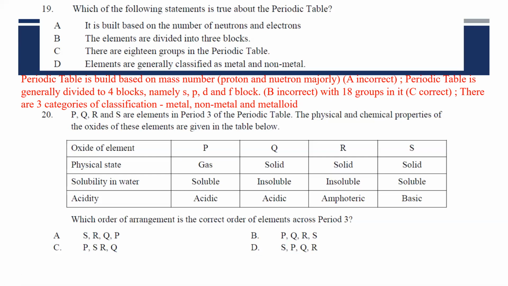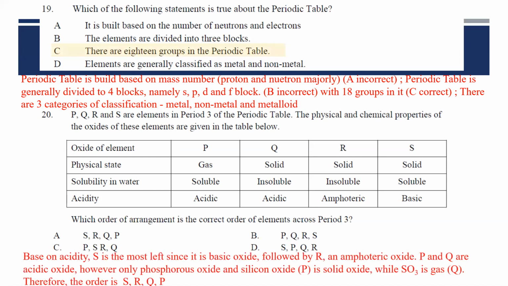So you want to deduce which one is correct, which one is not, okay? So in here, based on acidity, S is the most left because it is the basic oxide.